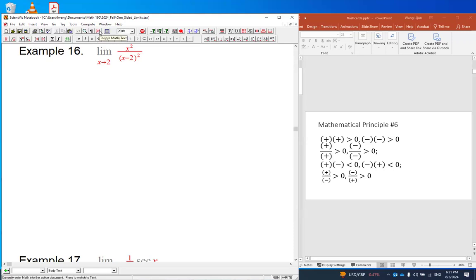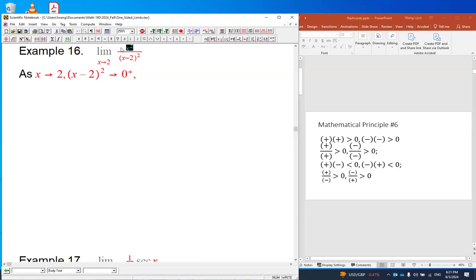Okay, so as x is approaching 2, x minus 2 is going to approach 0. And as it is approaching 0, it is also positive, right?